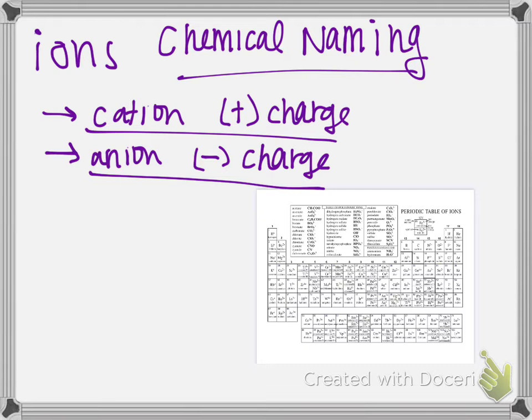It doesn't just tell us the element itself, it tells us the charge of these elements, right? It's a periodic table of ions, so it tells us the charge of the atoms as well. So we need that out for what we're going to be doing in this chapter.